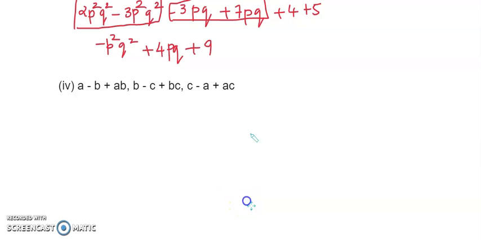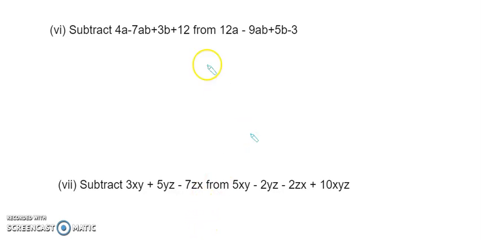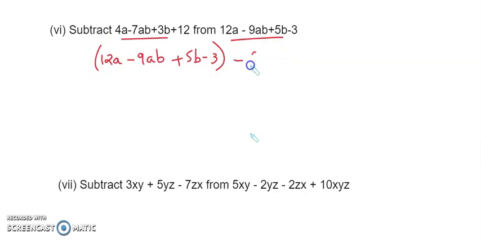Okay. Next, subtract. So what we'll do? Subtract this from this. So this has to come in front. 2a minus 9ab plus 5b minus 3. Subtract 4a minus 7ab plus 3b plus 12.